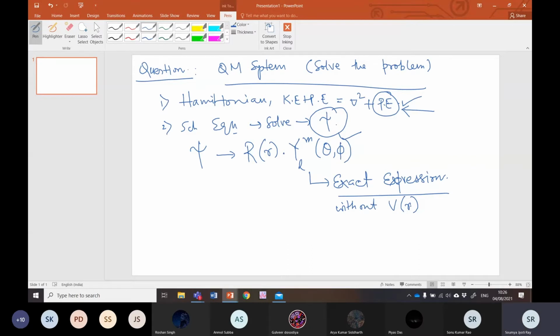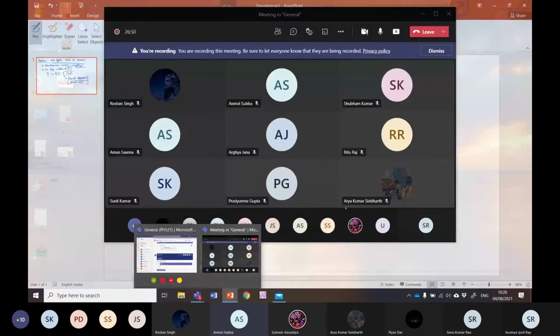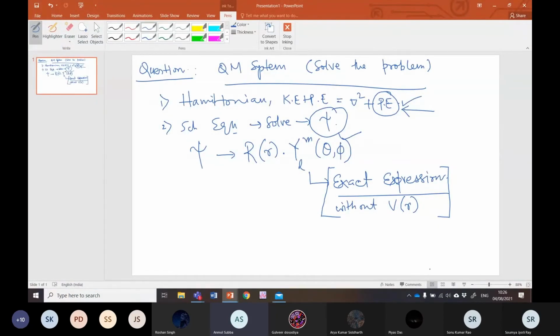So my question is, what does that tell you? Anyone? Does it mean that for any spherically symmetric potential, we will have these spherical harmonics in our wave function?